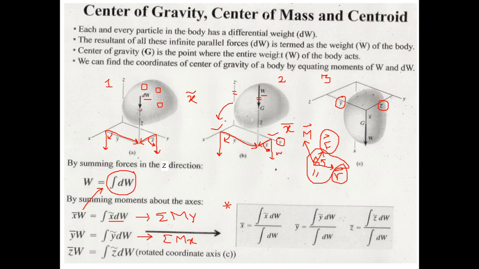Remember that x bar, y bar, z bar are the coordinates of the center of gravity of the entire body, whereas x tilde, y tilde, z tilde are the coordinates of the center of gravity of the differential element. This dw was the weight of a very tiny particle. We say that this particle is of differential size, so it becomes a differential element.